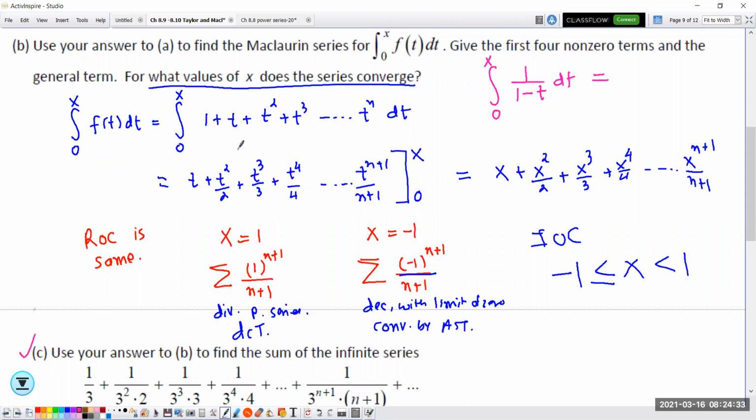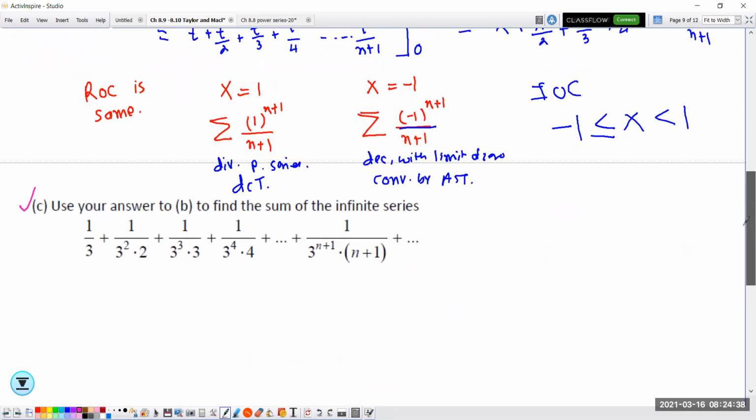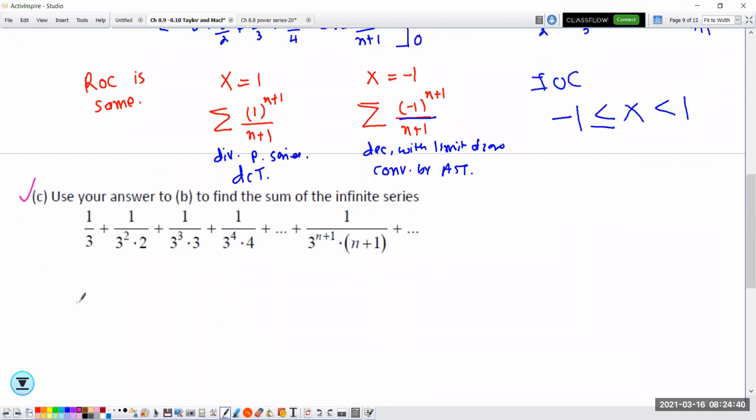What will be the actual antiderivative? Let me write it down here. X to the n plus 1 over n plus 1. Okay, 0 to x, 1 over 1 minus t dt. I'm sorry, what you said, x to the n plus 1 over n plus 1? No, this part.